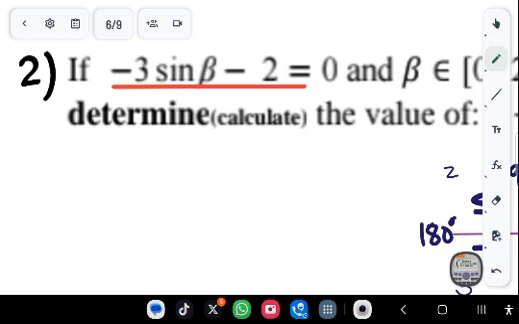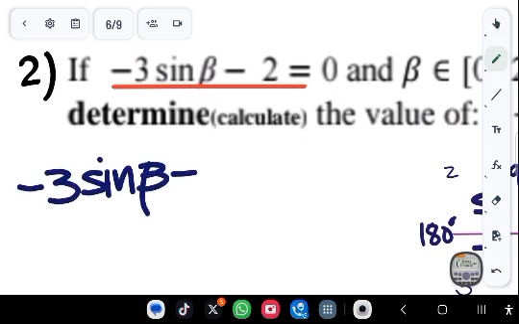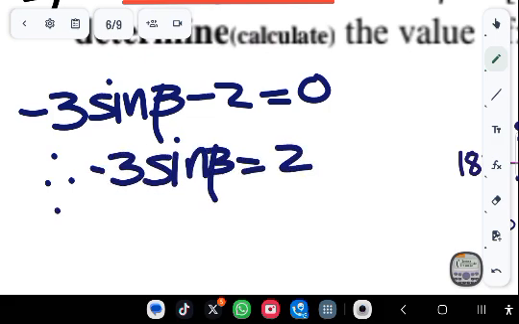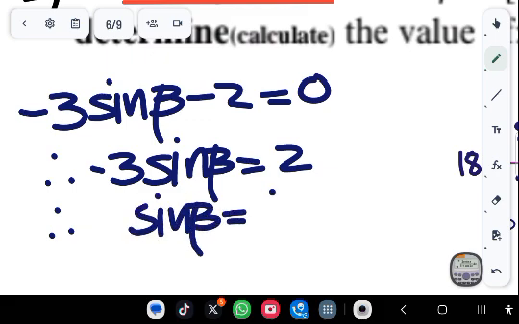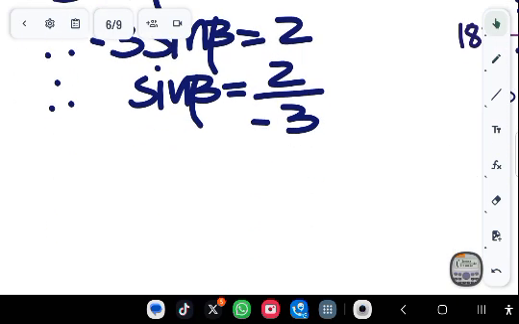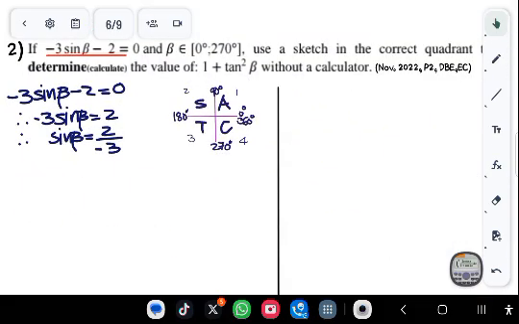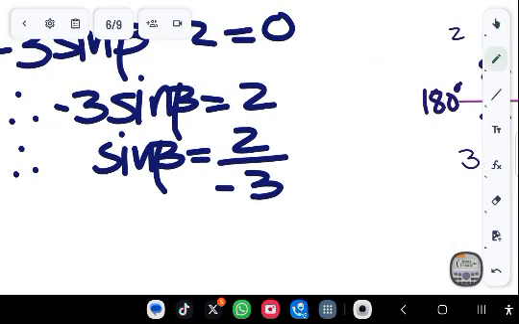So what we do is step number 1, we write this in its simplest form. So what we do is we take this to the right hand side, equals to positive 2. Now we divide both sides by negative 3, so we can get the trigonometric ratio, which is sine of b. Remember, sine is y over r.